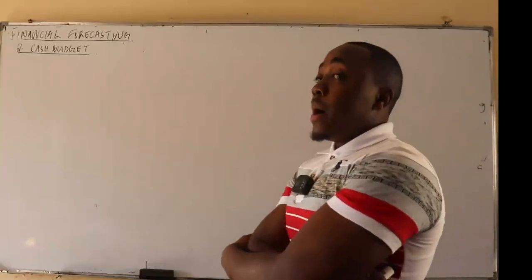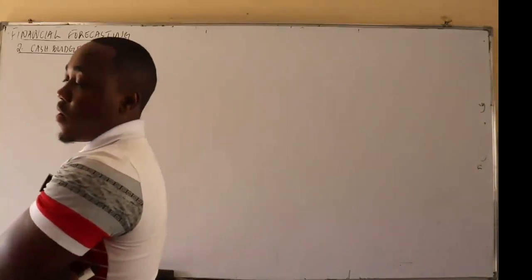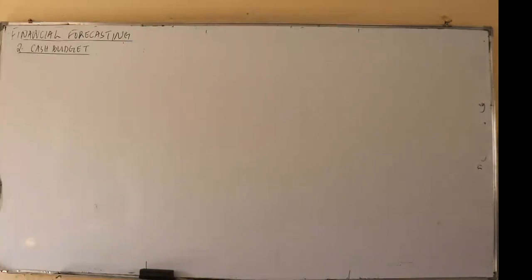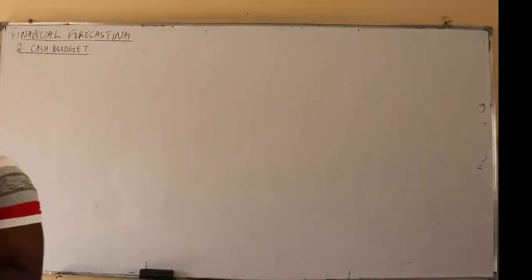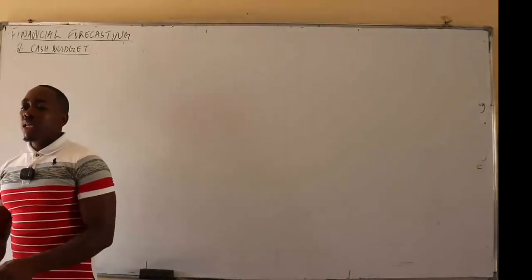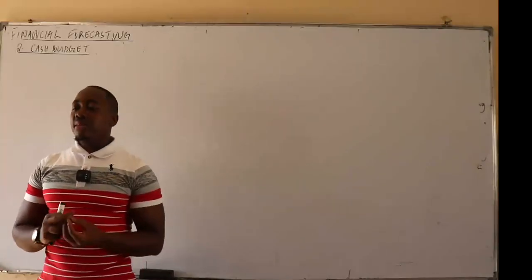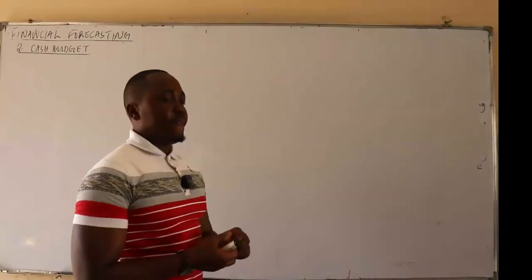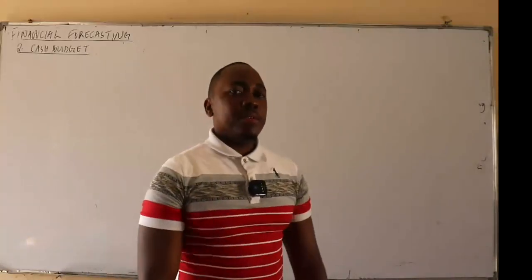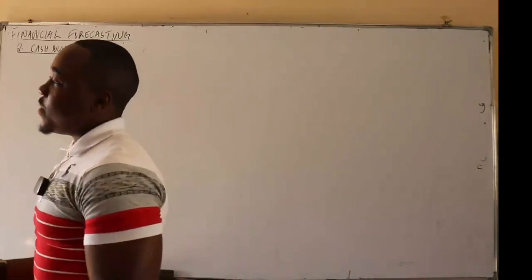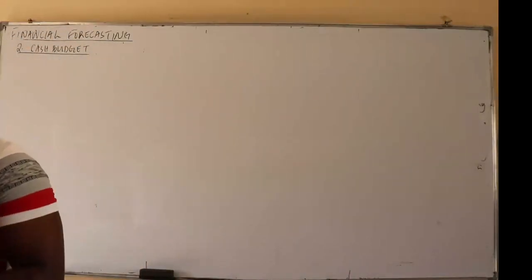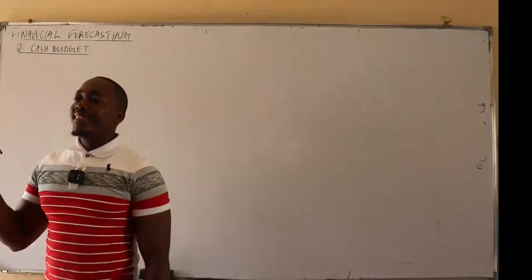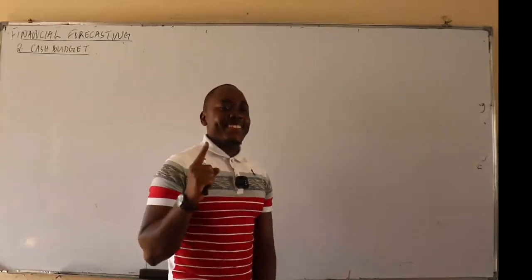Number two, bank overdraft. Another one, issue of shares. The company can decide to issue some shares. What are the other ways the company can raise cash? Don't mention what I have said.